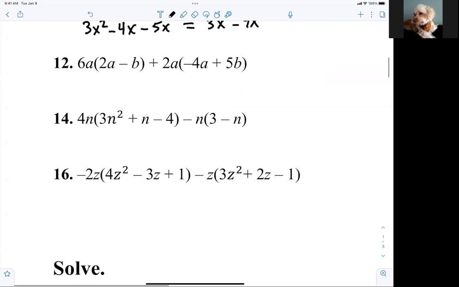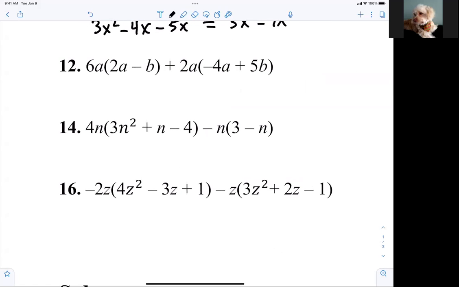All right, next, go. First you have to distribute. 6a, so then 12a. And then 12a what? 12ab. 12a squared. And then minus 6, what would be 6ab?